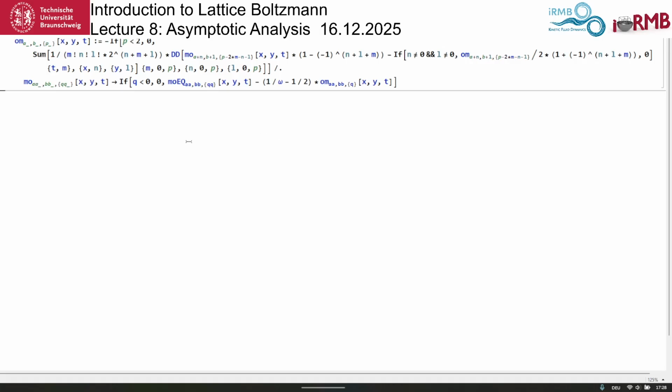So first of all, I have to specify my original variable, my basic, how's that called, the primitive variable. So my rho and my u, and they are expanded, and they are usually expanded to infinity. But if I have my asymptotic expansion in a finite range, then I also have to do this only in a finite range.